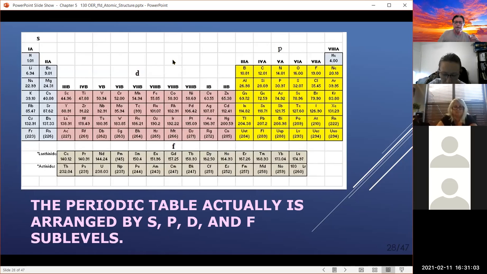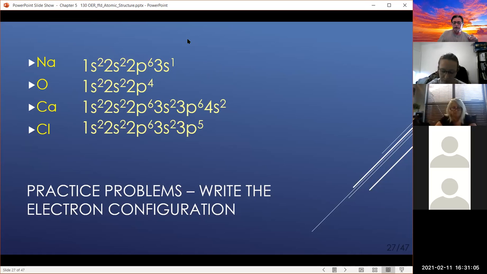It also demonstrates the valence electrons. If we look at sodium, its electron configuration is 1s2, and so on. Remember, the coefficient is the energy level, the letter is the orbit, and the superscript represents the number of electrons in that orbit.